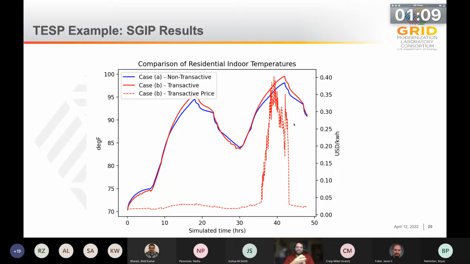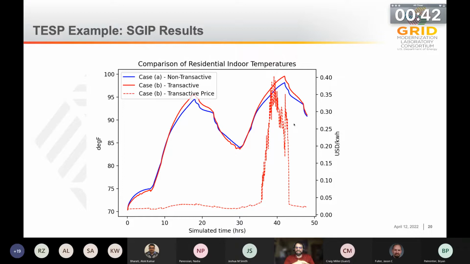In the non-transactive case, the blue line is what happens when your air conditioners are non-price responsive, and then the red line shows that the air conditioning gets deferred during the peak prices of the day, and then catches up, valley filling, during the off-peak prices of the day to cool the house back down.